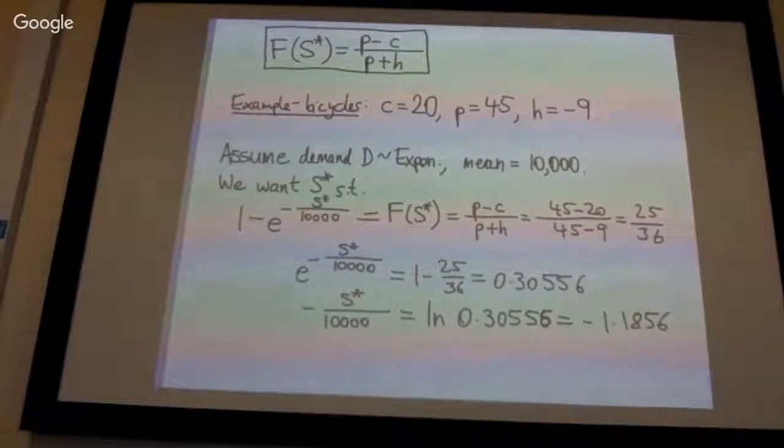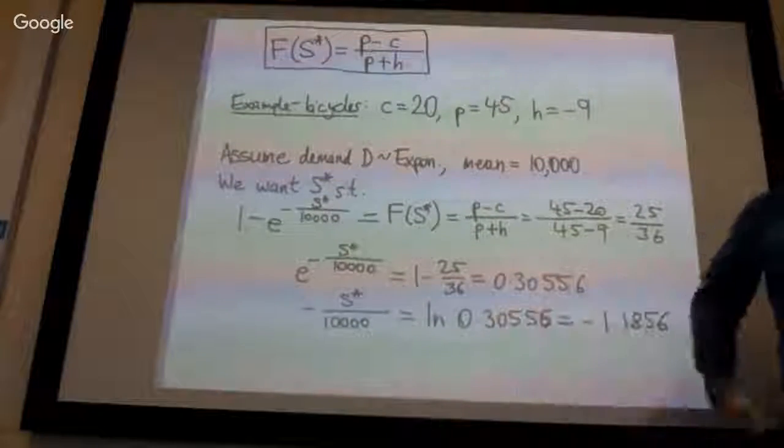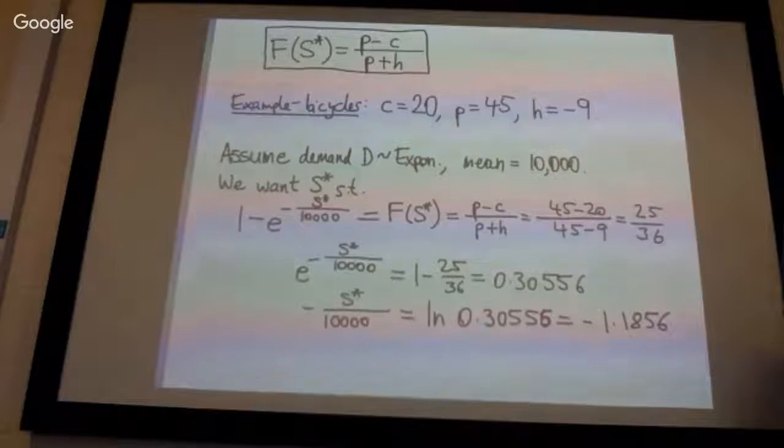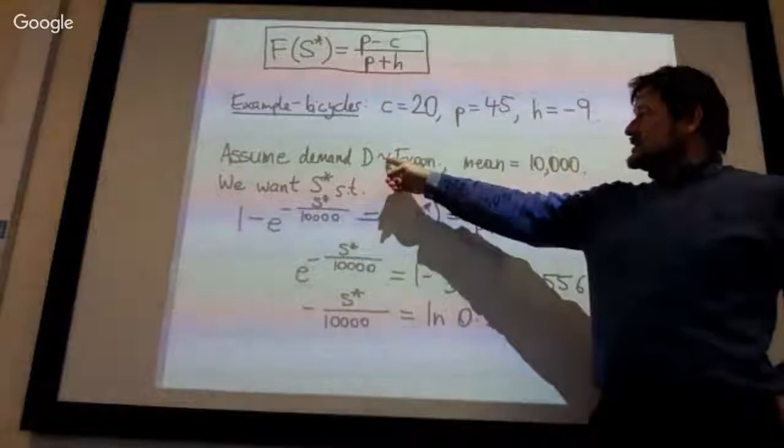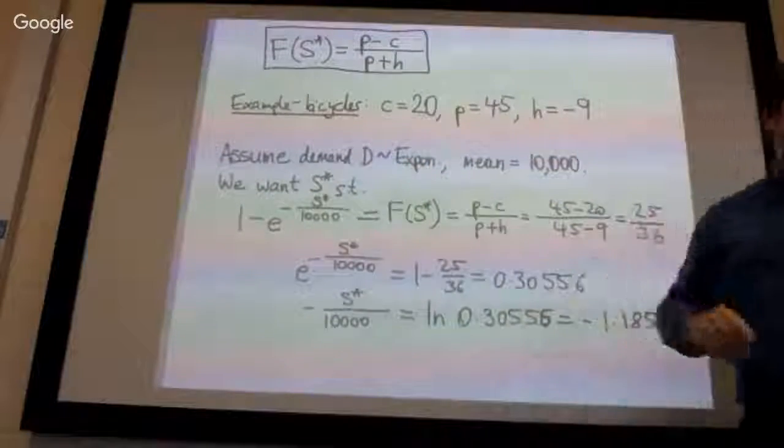So what was that called when you did the exponential thing with the distribution function? It's just when it says D has the exponential distribution as a random variable.